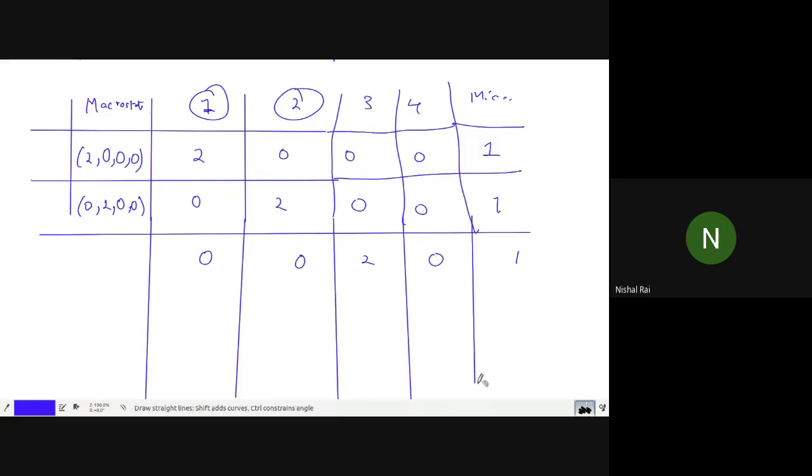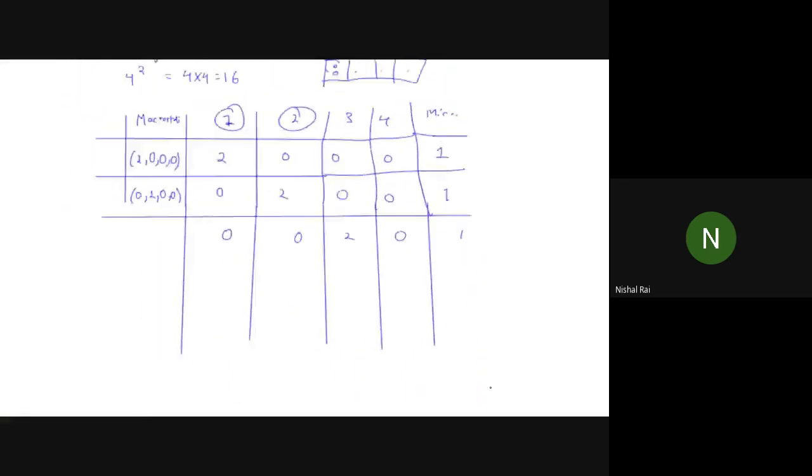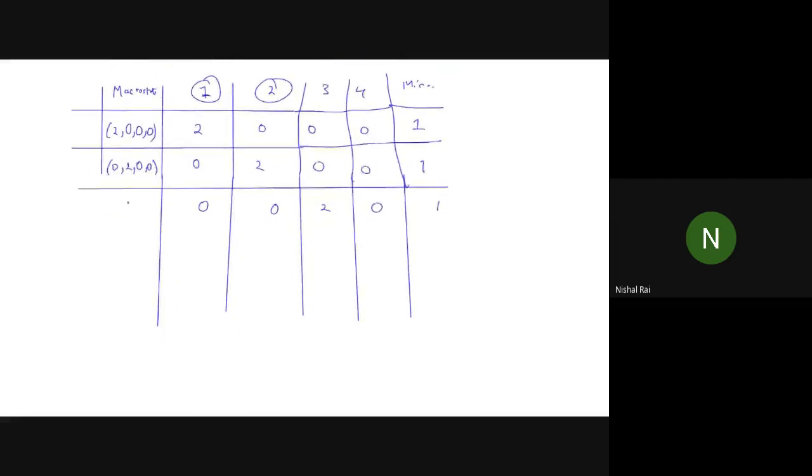Is it visible? Yes, sir. Fourth is 0, 0, 0, 2. Again, one microstate.